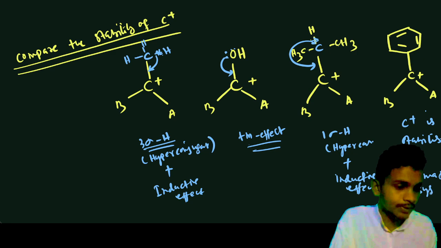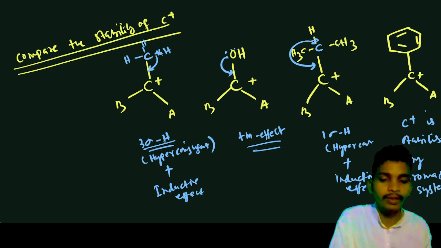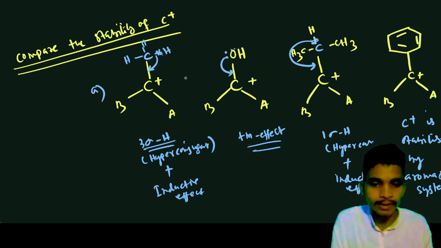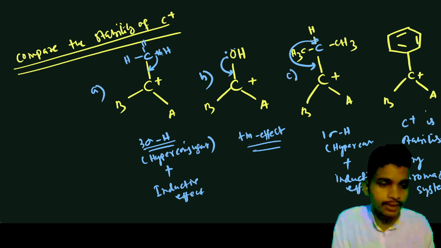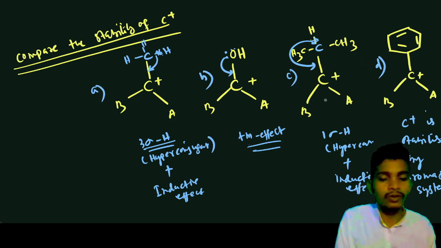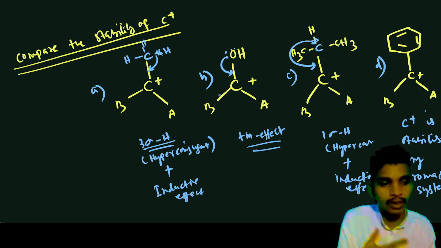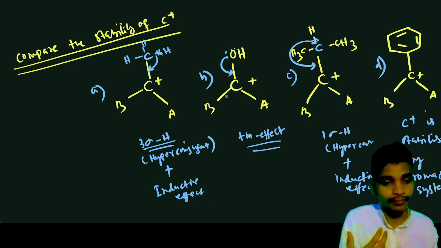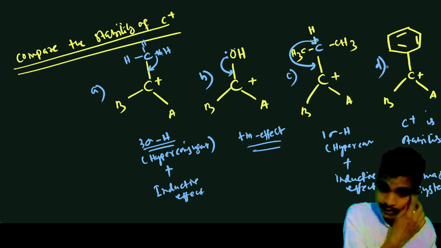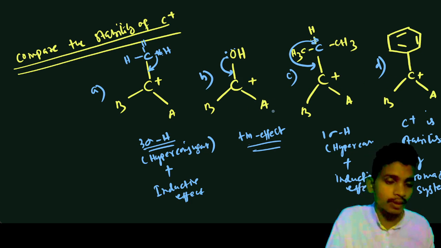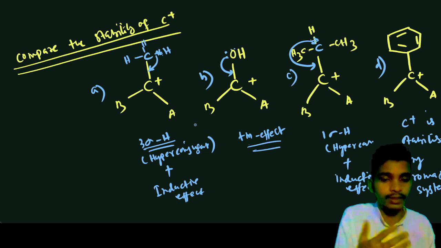by aromatic systems. So from here, let's say this is A, this is B, this is C, this is D. So from these, where will the carbocation get more stabilized? Another is, let's say, an anti-aromatic system. The detailed things we will discuss later.